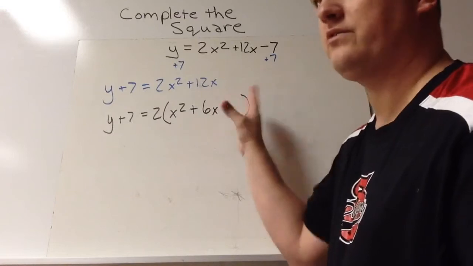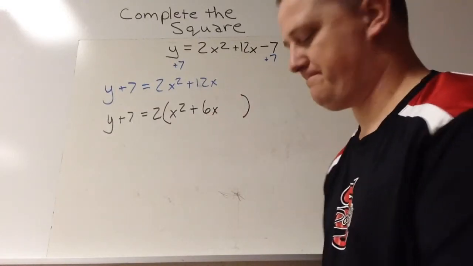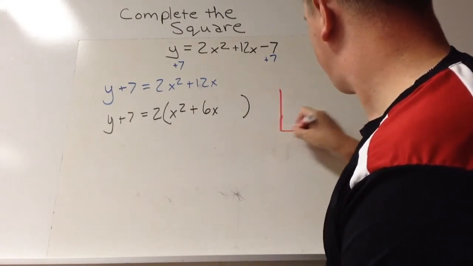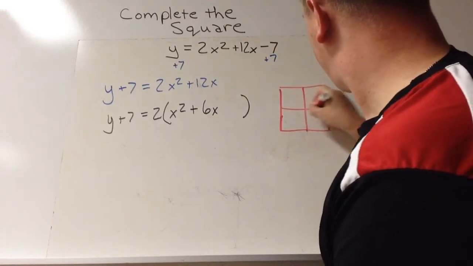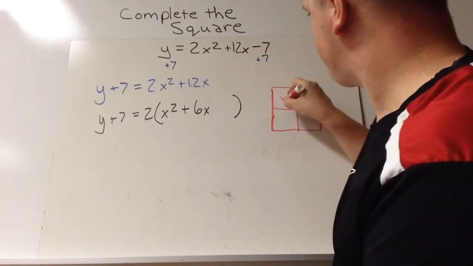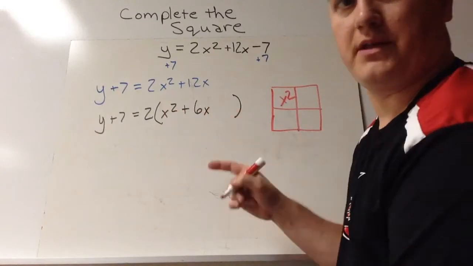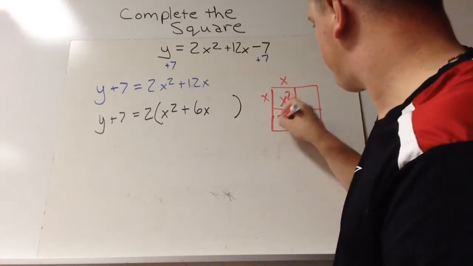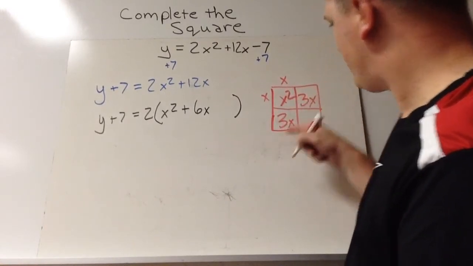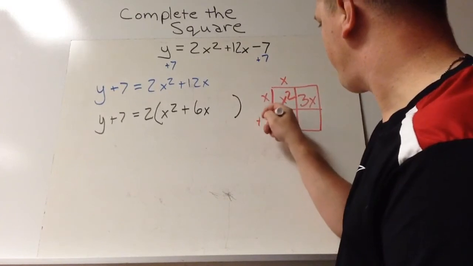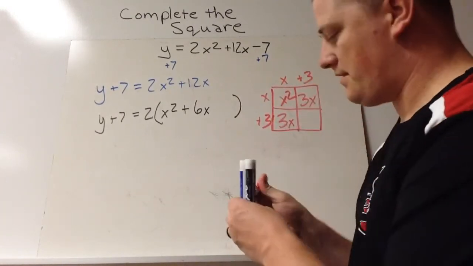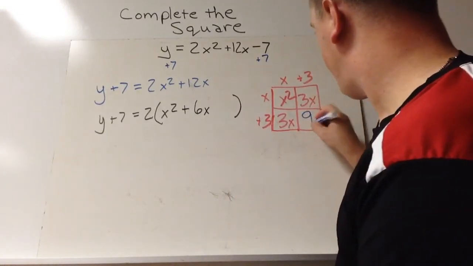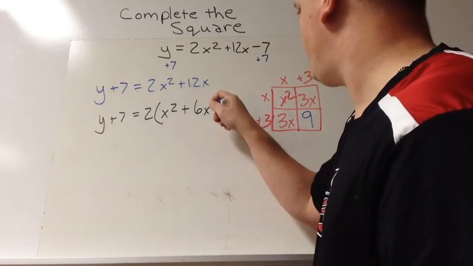I left a little space because we have to add something to this. We're going to use the x squared plus 6x, not the 2x squared. Cut the 6x in half. 3 times 3 makes 9. So we're going to add 9 to both sides.